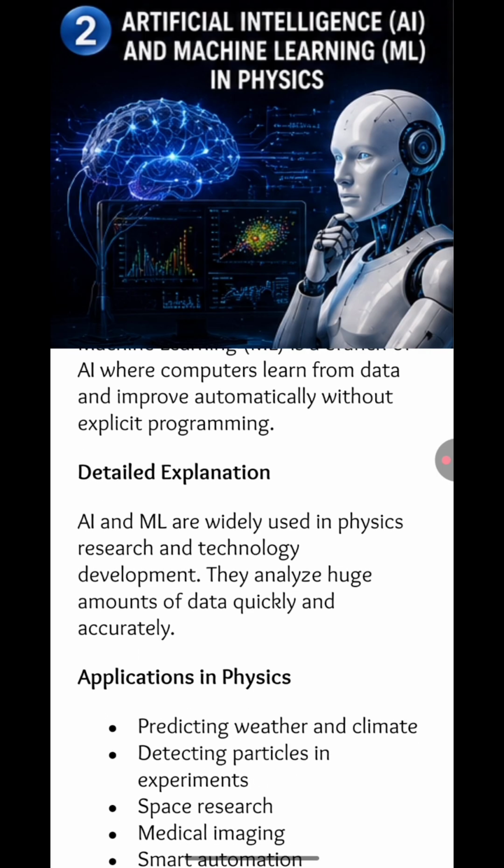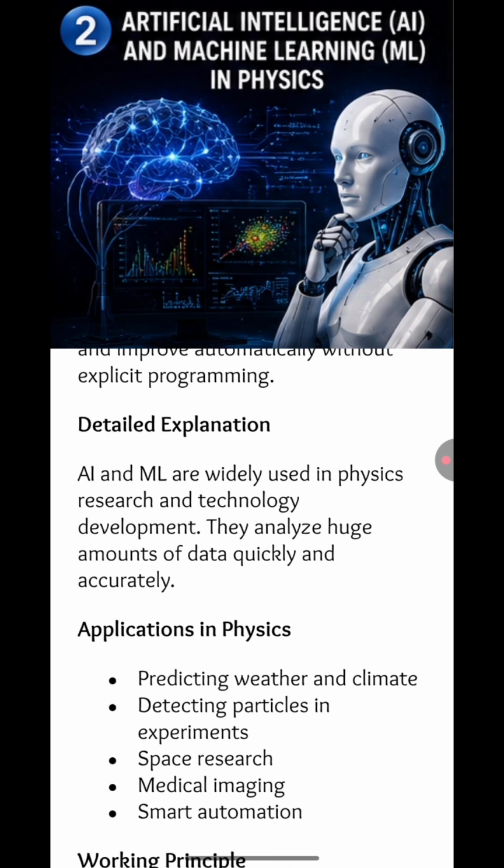So what are the applications of AI and ML in physics? They are: predicting weather and climate, detecting particles in experiments, space research, medical imaging, smart automation.